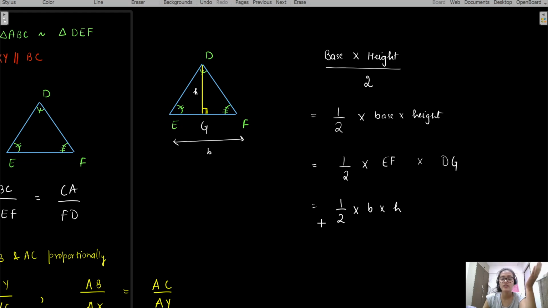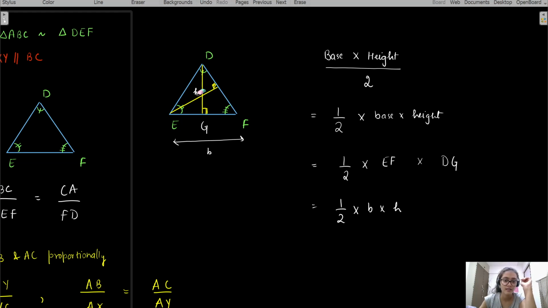Now it's not necessary that you only need to know this height. The SAT people could also give you this other height. So in this case your formula will remain the same, but the values will change.